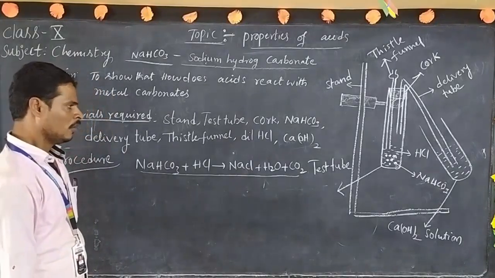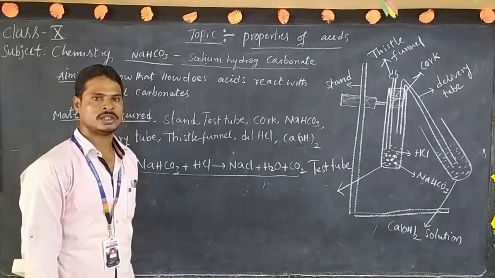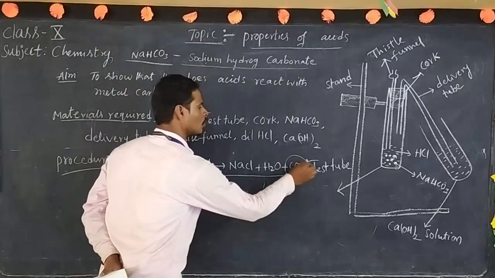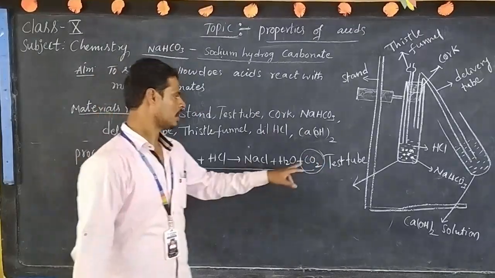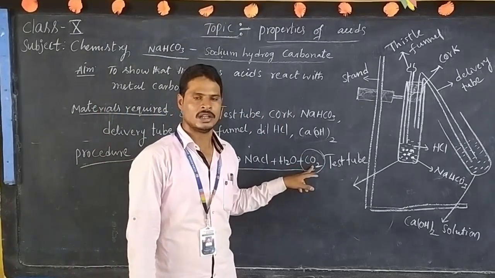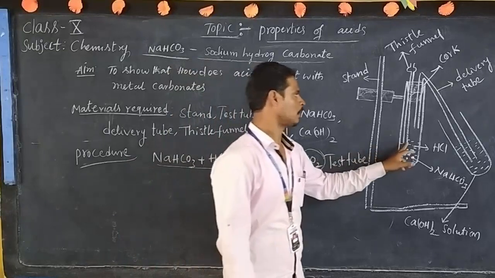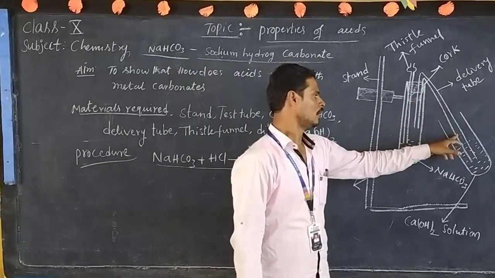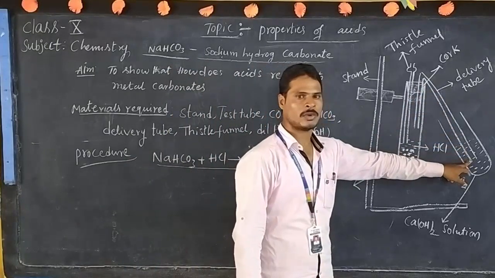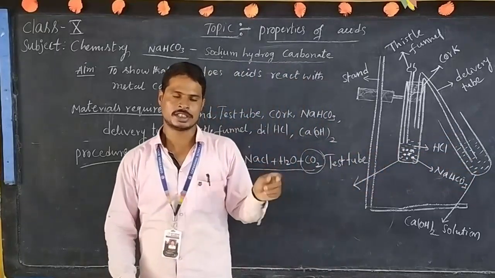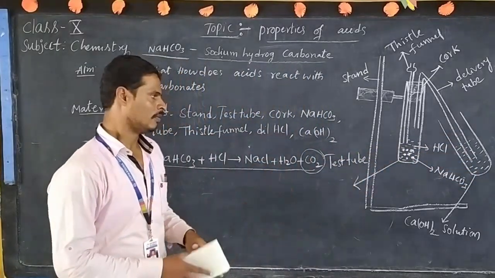Next, name the gas evolved in the process. Which gas evolved here? CO2 gas. How can you identify the liberation of CO2 gas? This CO2 gas passes through the delivery tube into the calcium hydroxide solution. Then what happens? Is there any change?